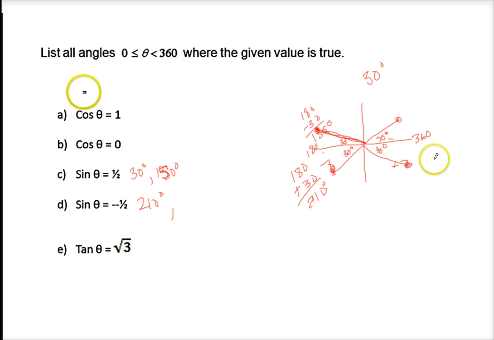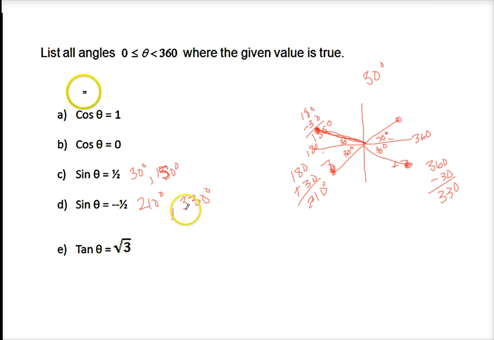This would be 360, so 30 less than 360 would be 330. So I know the two places where the sine of theta is negative 1/2 are at 210 degrees and 330 degrees, not at 30 or 150 because the sine is positive 1/2 there.